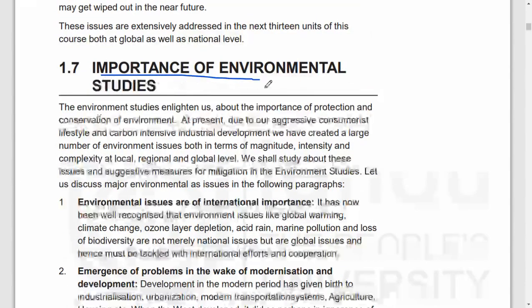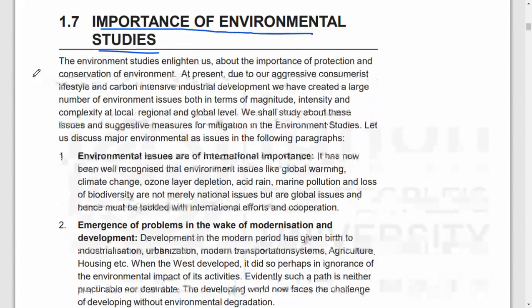Importance of environmental studies. Environmental studies enlighten us about the importance of protection and conservation of the environment.